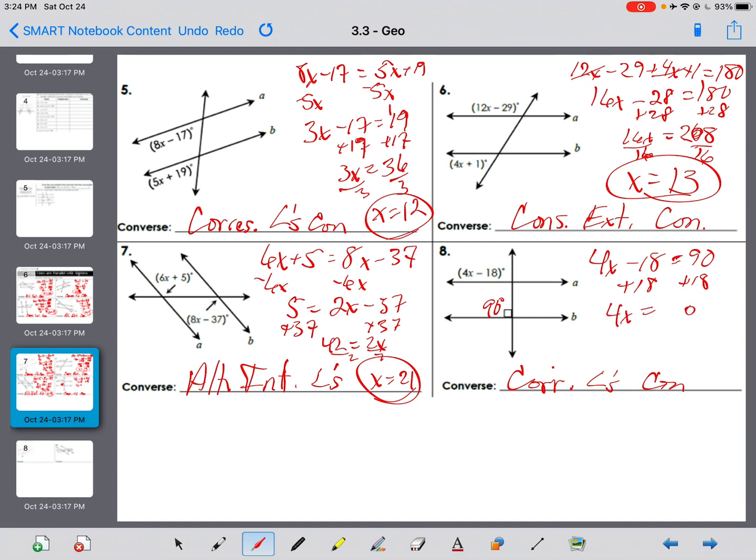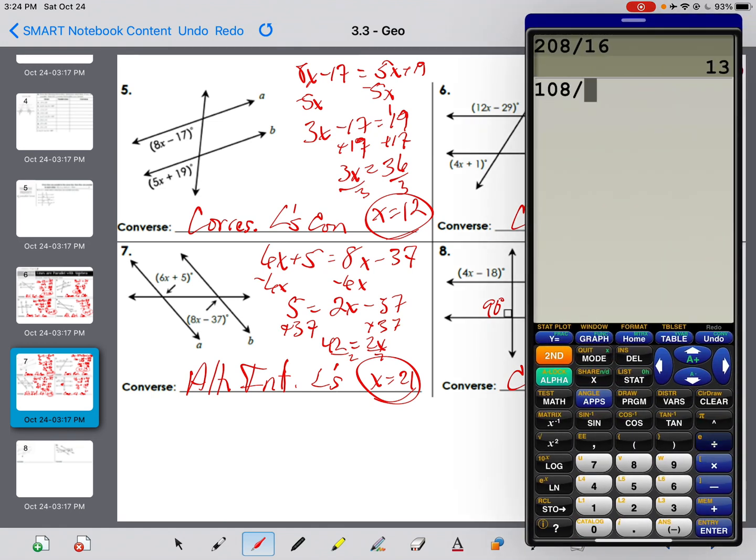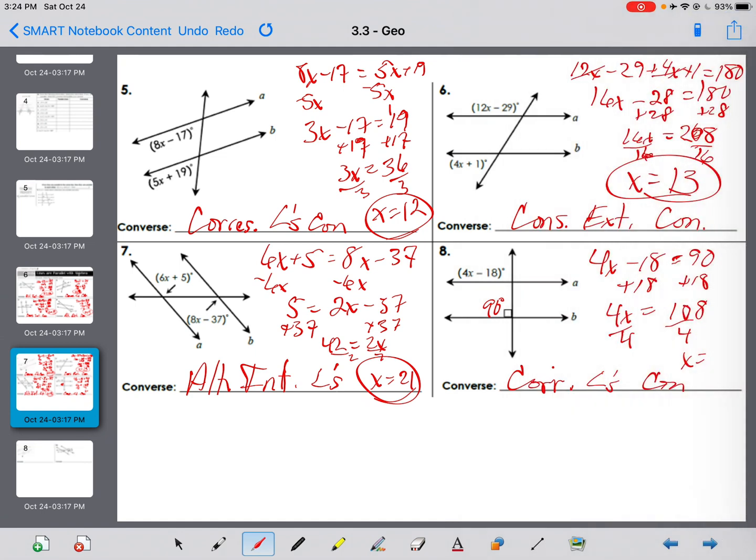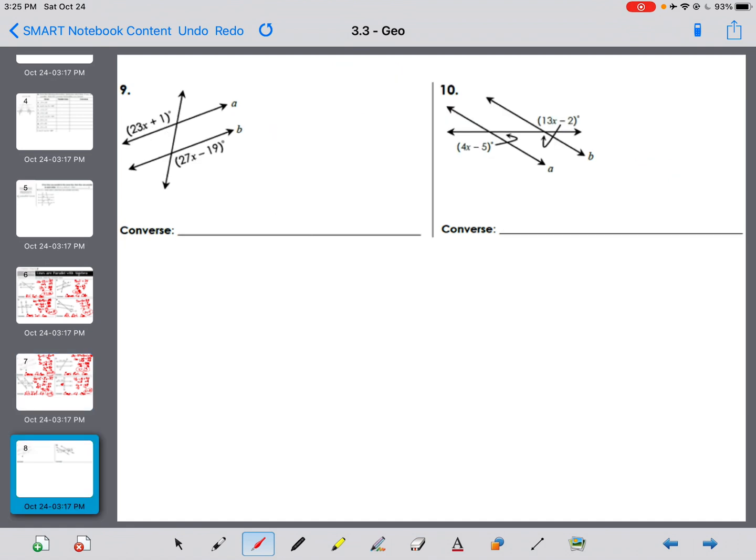So 4x equals 108, divided by 4. X equals 27. Look at me, I can do math. Very good. 2 tries left.